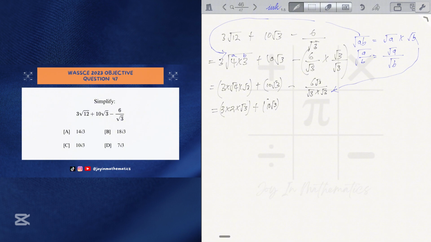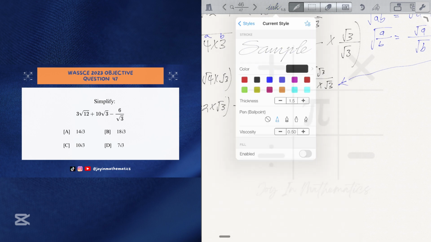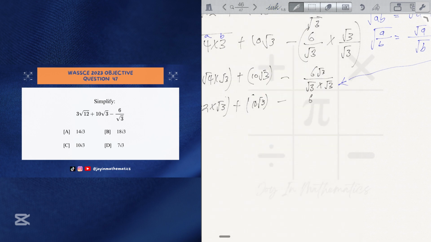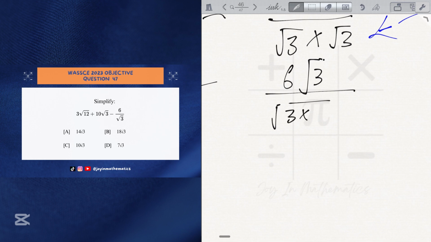So this will result in minus 6 root 3 divided by root 3 multiplied by 3.